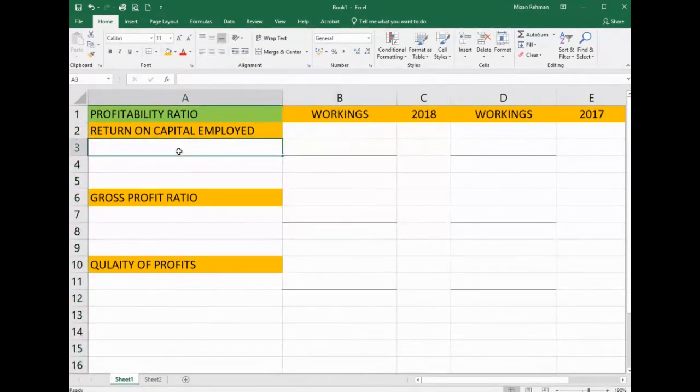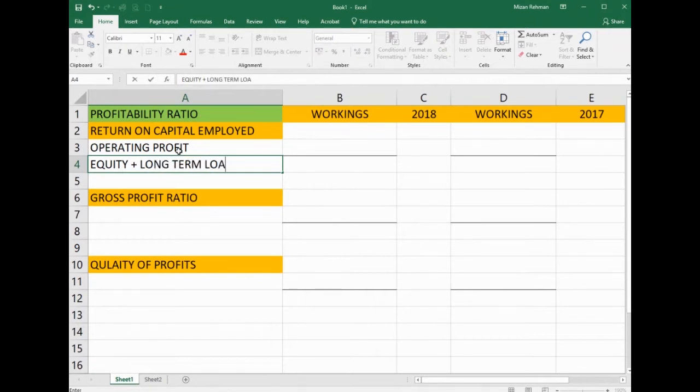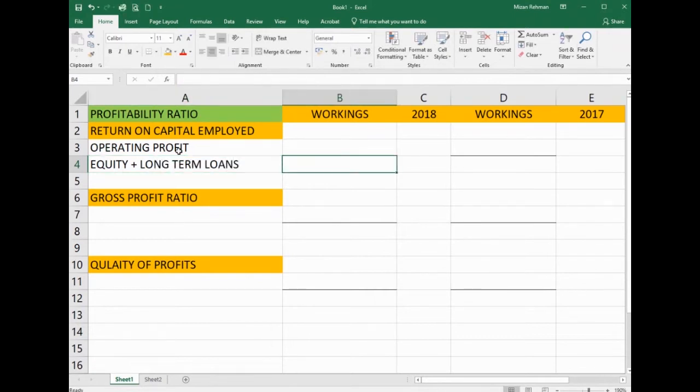All right, so the formula wants us to have operating profit, and it also wants us to have equity plus long-term loans, borrowings, whatever you want to call it.